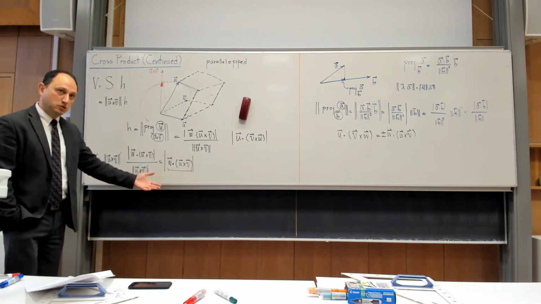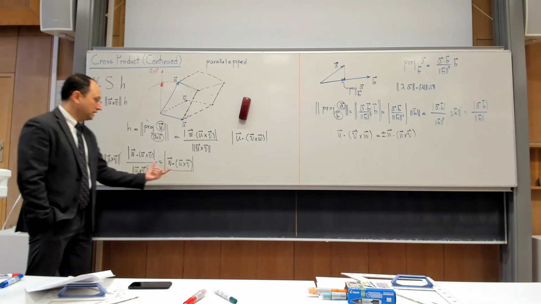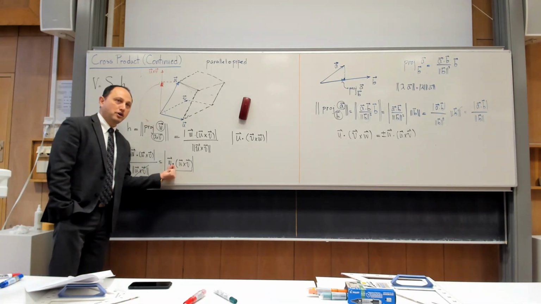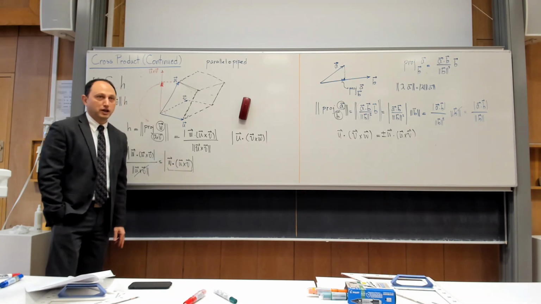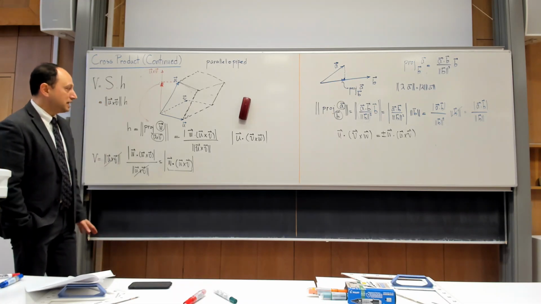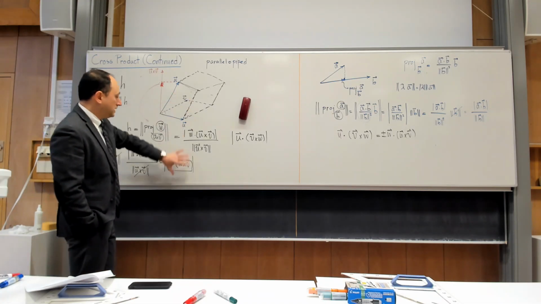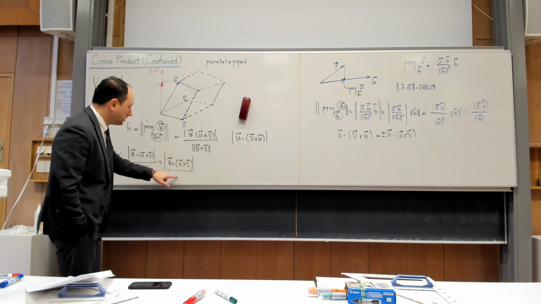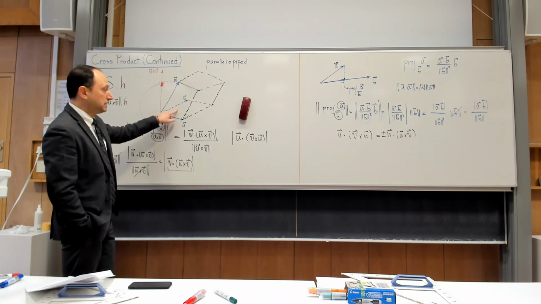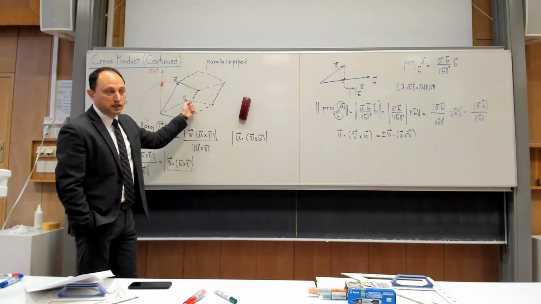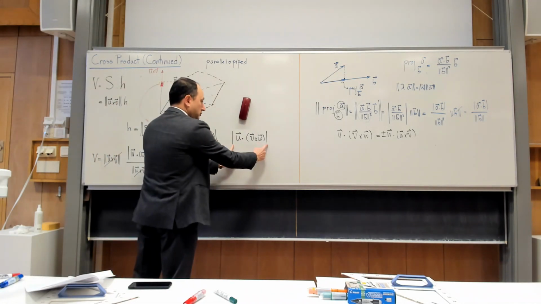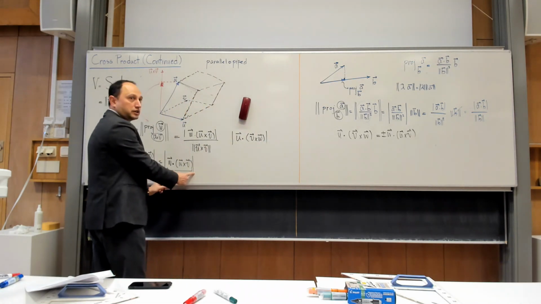And it is sensible that I really need it, because a dot product in general could be a negative number, which becomes meaningless. When I put the absolute value, I am on the safe side. If this number with absolute value is the volume, this number with absolute value is also the volume, so the absolute values are equal.